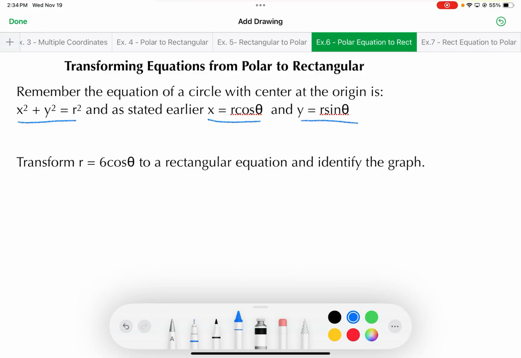So r equals 6 cosine theta. To get that to rectangular form, maybe I multiply both sides by r. That'll give me r squared equals 6r cosine theta. r squared can now convert to x squared plus y squared. r cosine theta can become x.